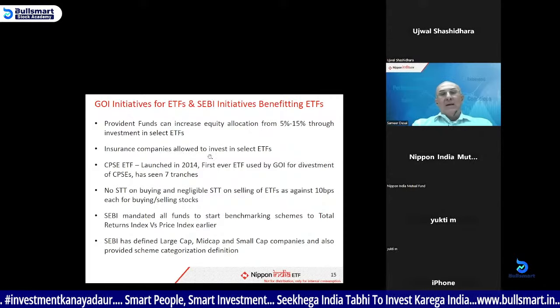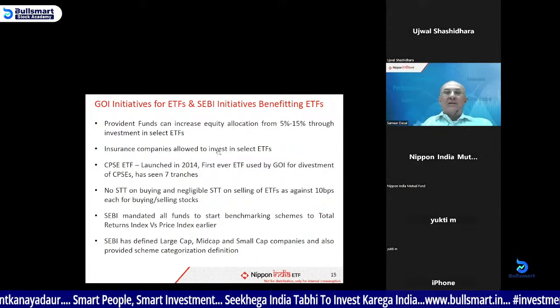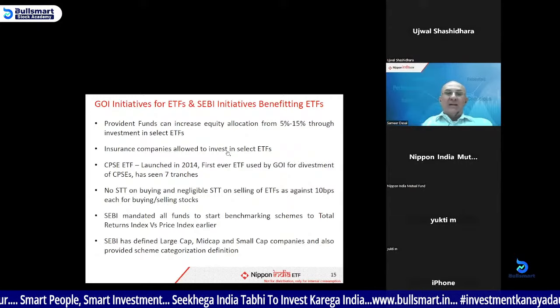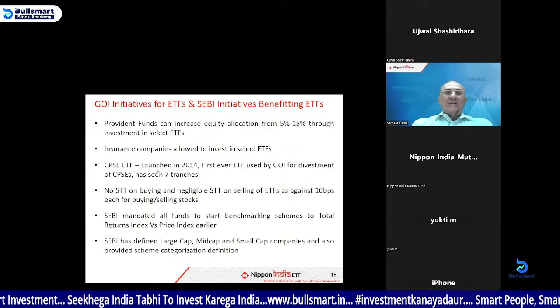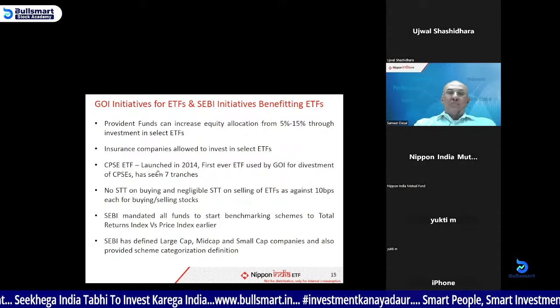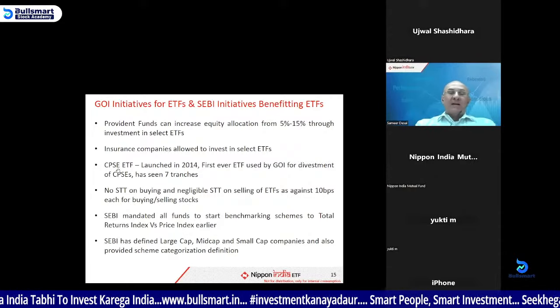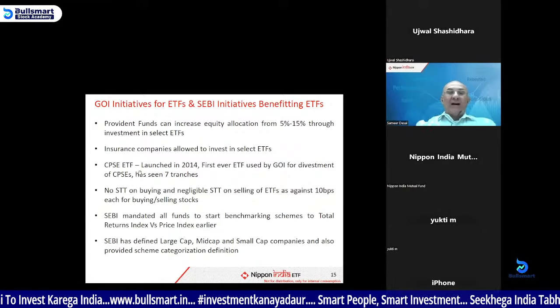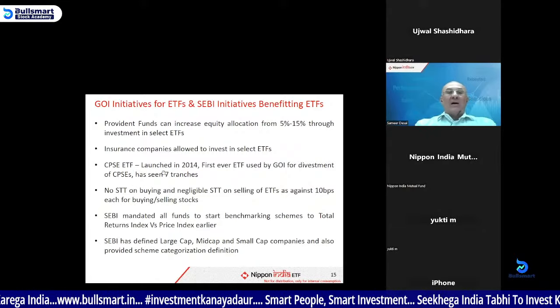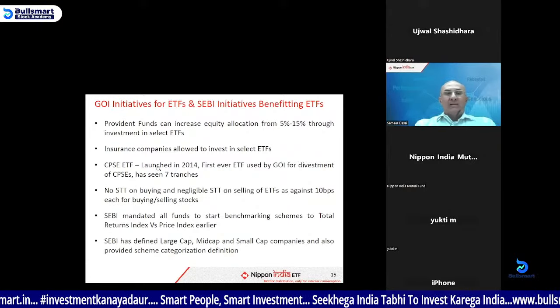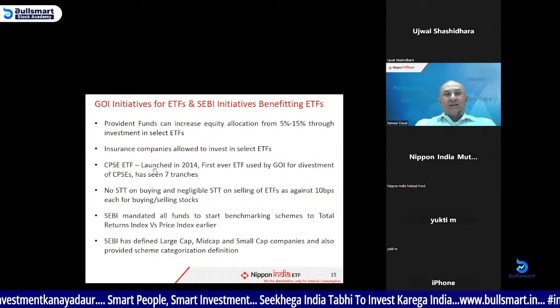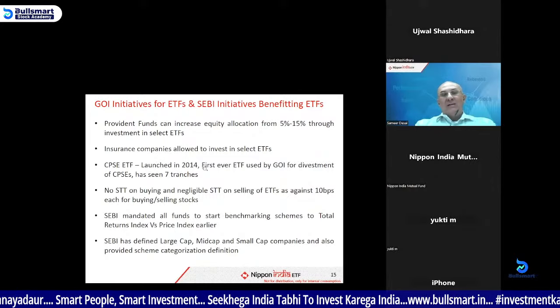Insurance companies in India are also major investors into index ETFs. In 2014, the government of India decided to disinvest select CPSEs, or central public sector enterprises, via the ETF route. They understood the advantages of index investing and hence decided to disinvest CPSEs via the ETF route.